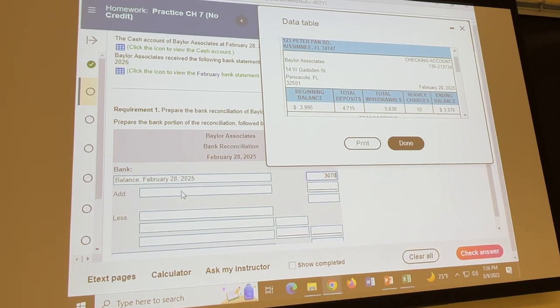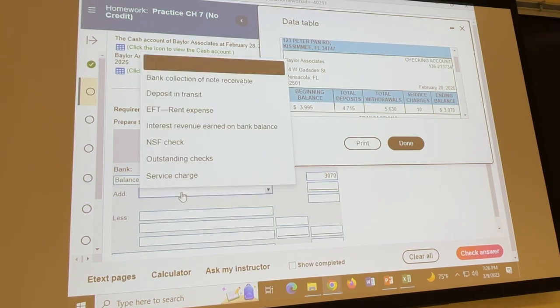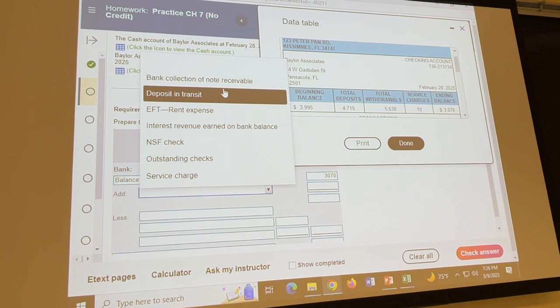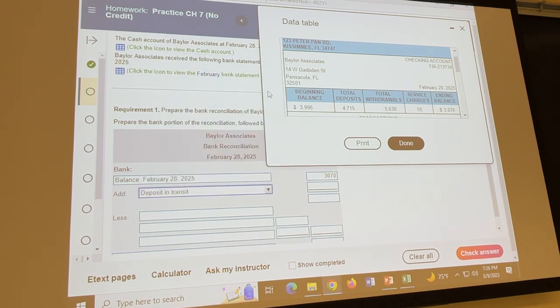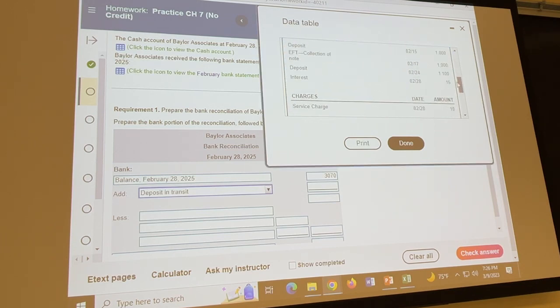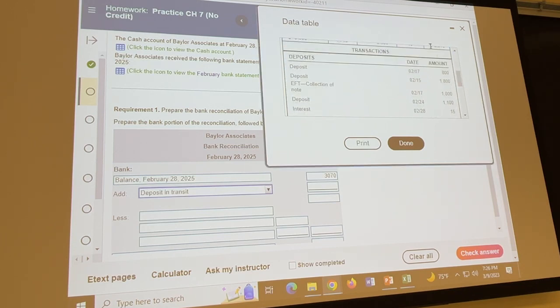And then what you always add on the bank side is, do you remember what you always add? Deposits in transit. And so to know deposits in transit, you have to compare the bank statement to our books.